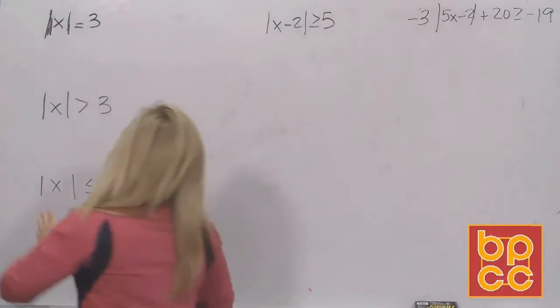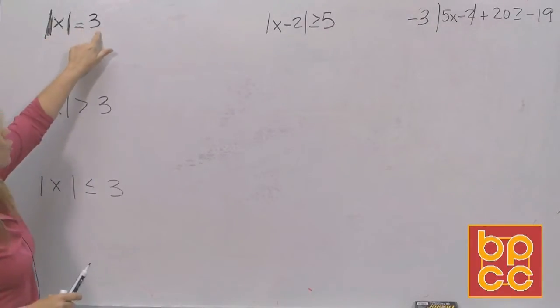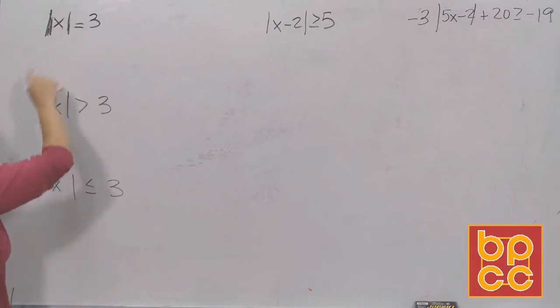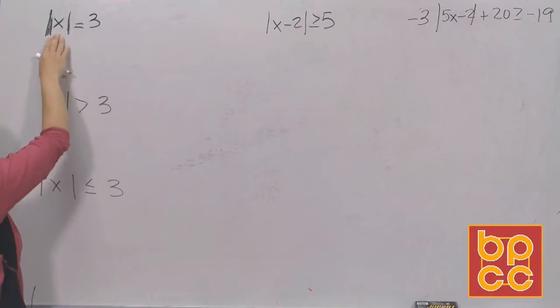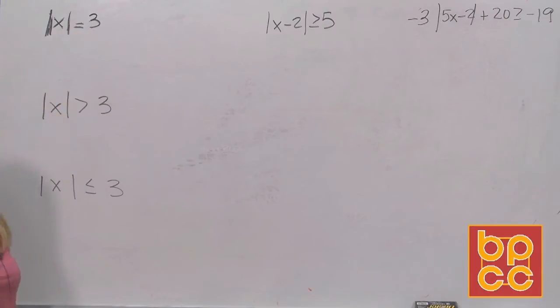Okay, let's start out here. This is an absolute value, but it's an equation. And we said it the last time we met that to solve this, you could technically rewrite it as two equations. Once the absolute value is isolated, absolute value is your distance from 0.